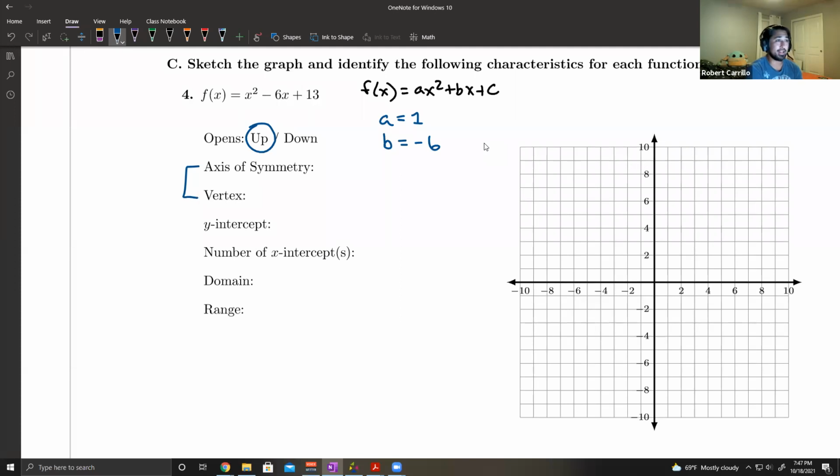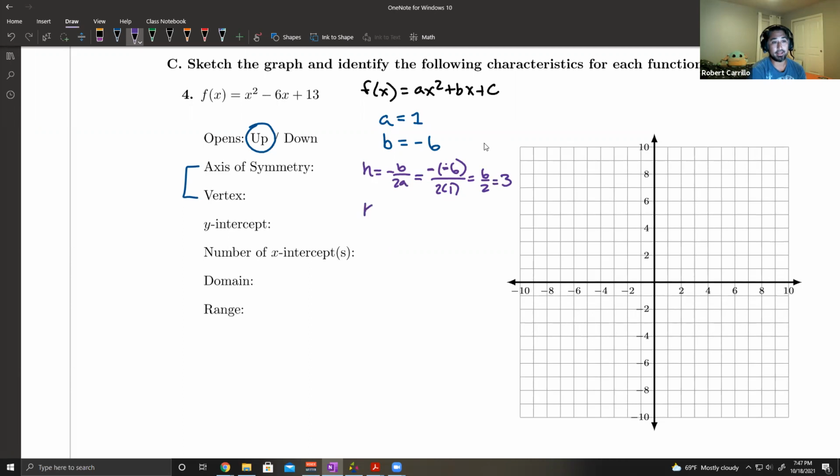Now let's find that vertex, which will find the axis of symmetry for us. Here we'll say h equals -b/2a, and you'll get -6/2 times 1, which gives us 6/2, which gives us 3. There's the h value for our vertex.